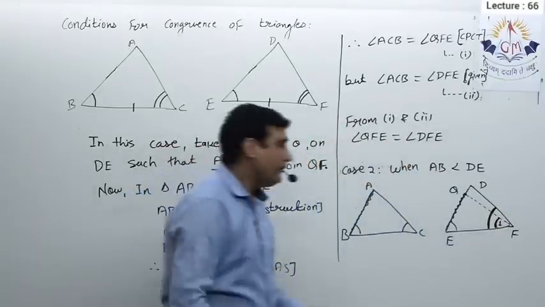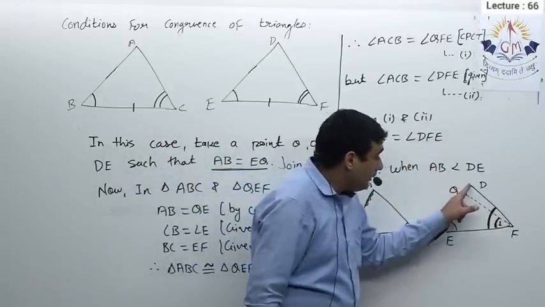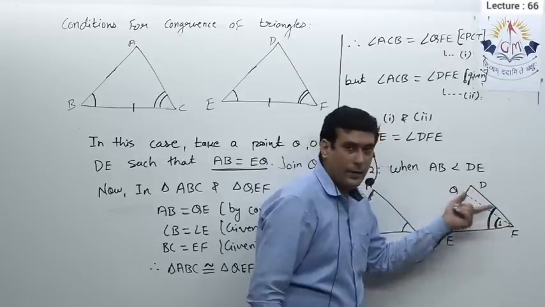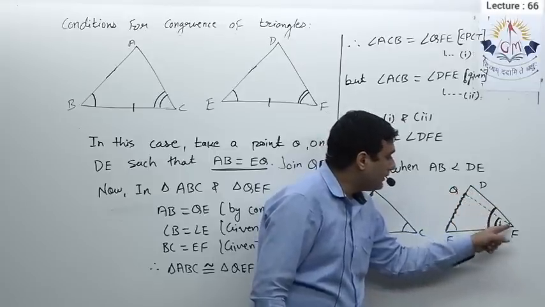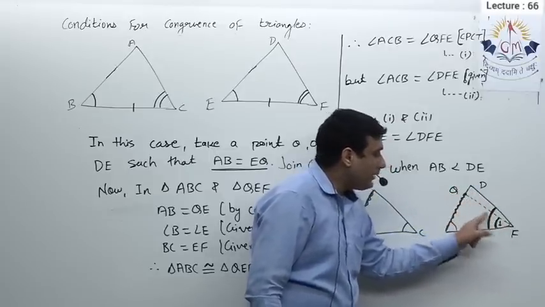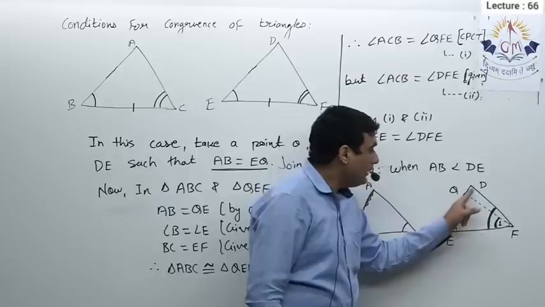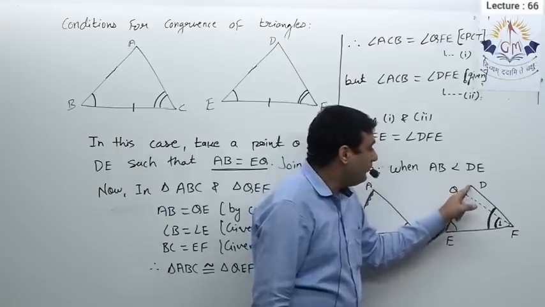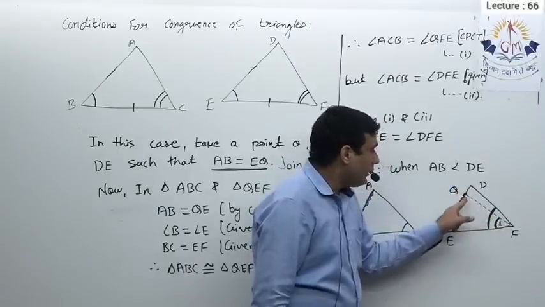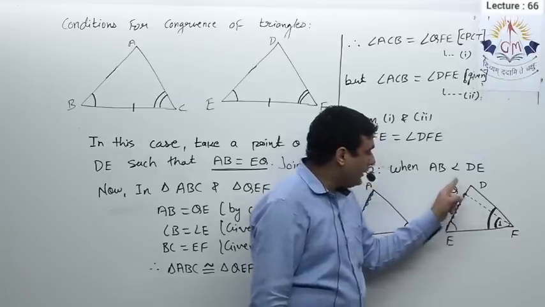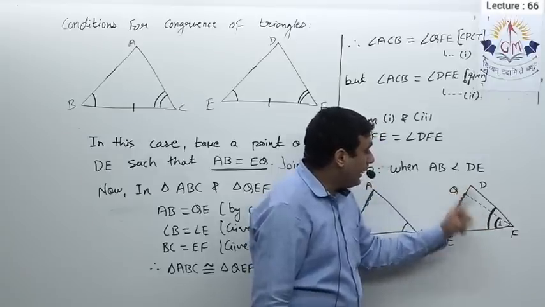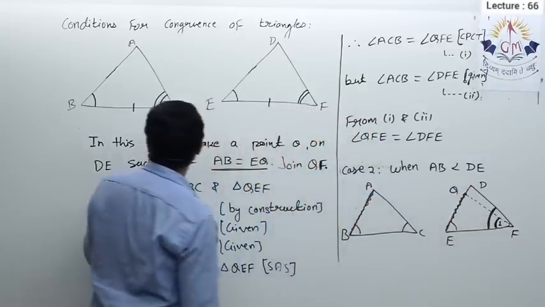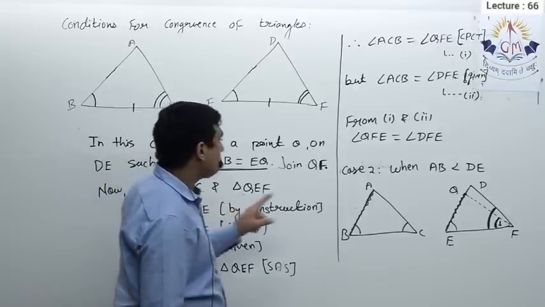Yes, only when this ray DF, or line segment or line, whatever you say, coincides with QF, or this point D coincides with point Q. Now when DF coincides with QF, or point D coincides with Q, I'll get that AB is equal to DE.